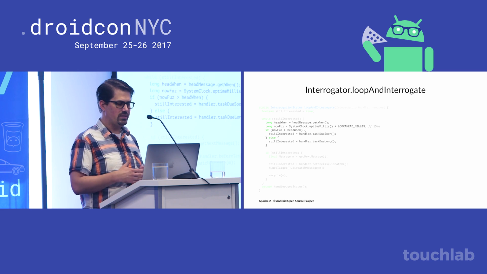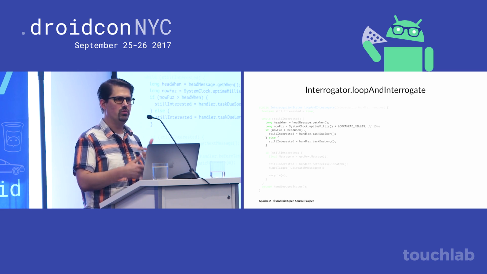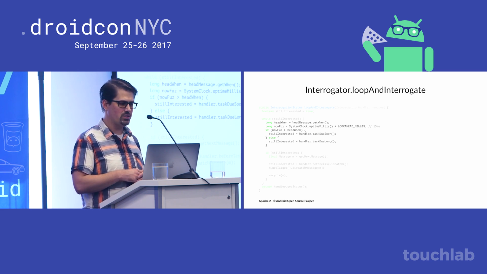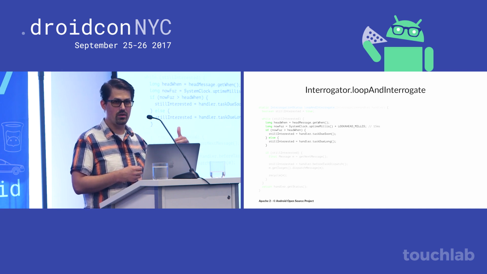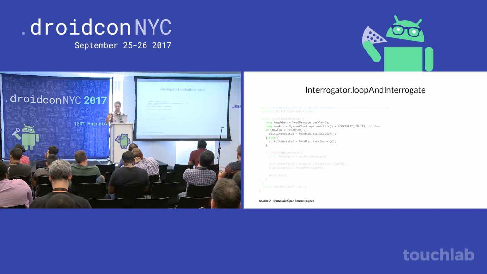So let's see what that does. It does a number of different checks as it goes through the main thread message by message. First, it takes the head message, the next message that's ready to be processed on the main thread, and asks, when is that ready to be processed? Because some messages can be delayed; you can set a delay on a message coming up on the main queue.